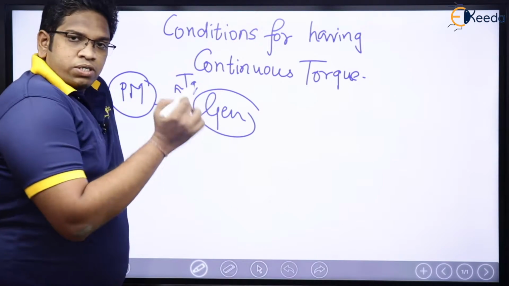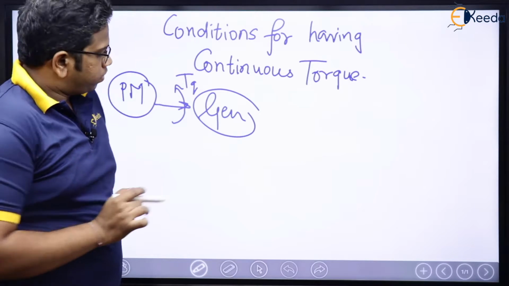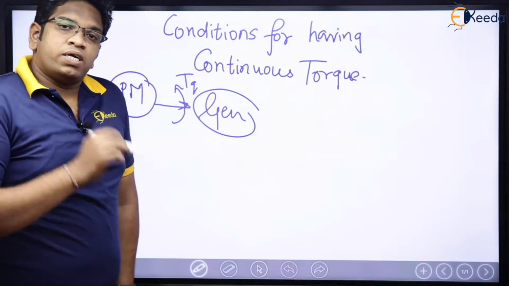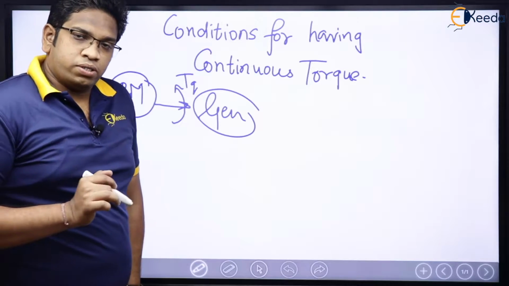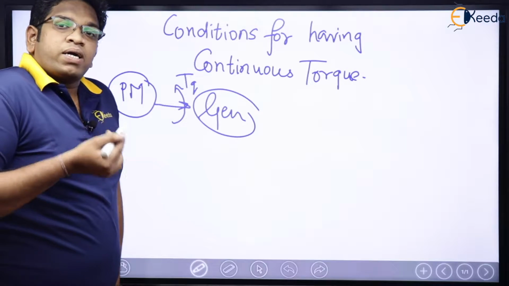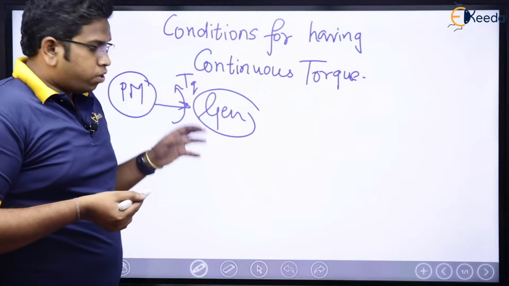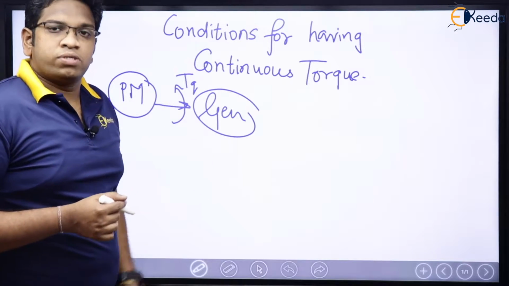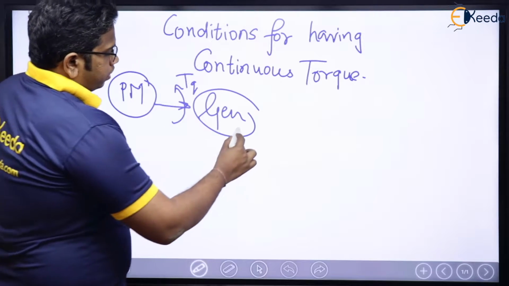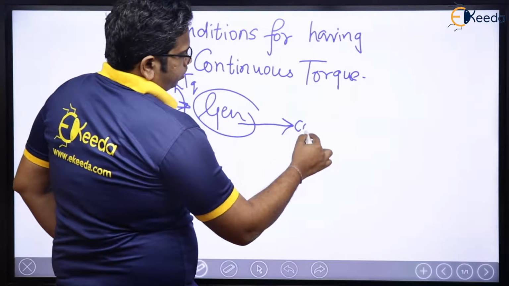The moment the opposition from the generator is not continuous, I am repeating, the prime mover will not be able to deliver mechanical power continuously. Which means my generator will not be able to absorb that power continuously, and so it will not be able to give electrical power continuously.